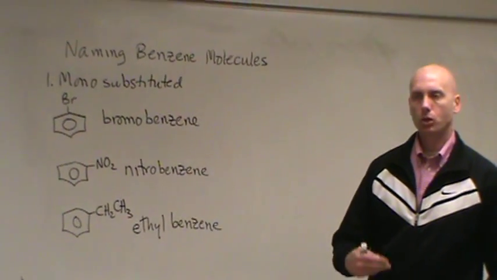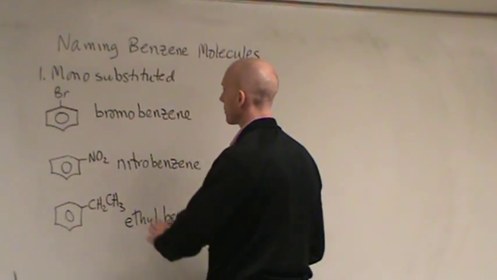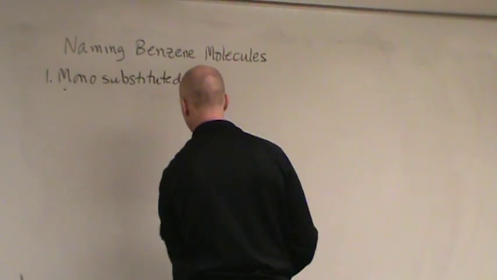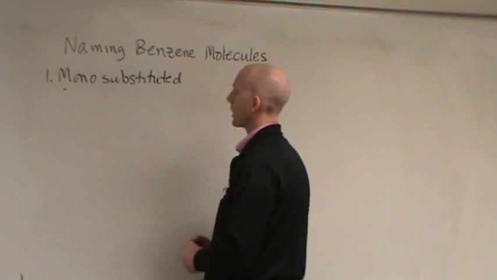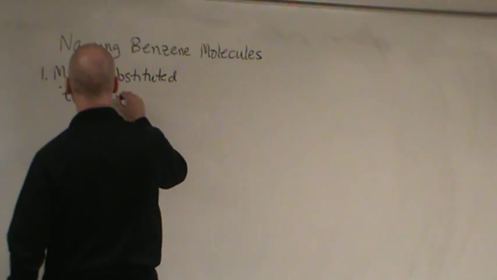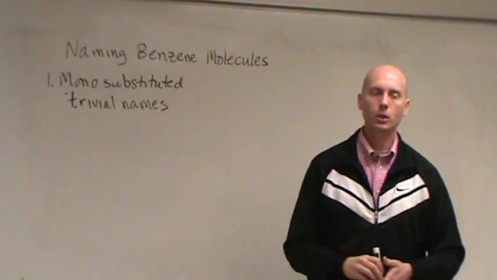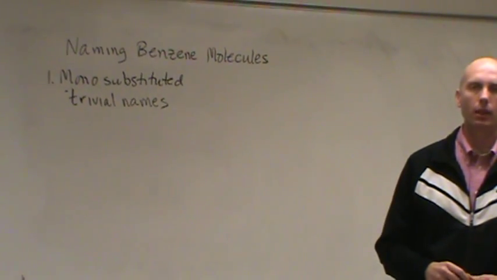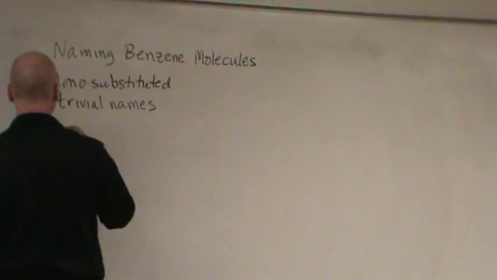Now what we're going to do is shift gears to look at some other ones. Okay, and these ones here are going to have trivial names to them that you simply have to memorize. Okay, so let me start writing the molecules on the board.